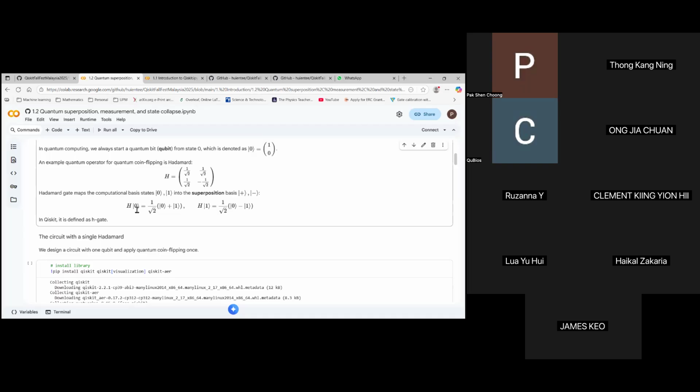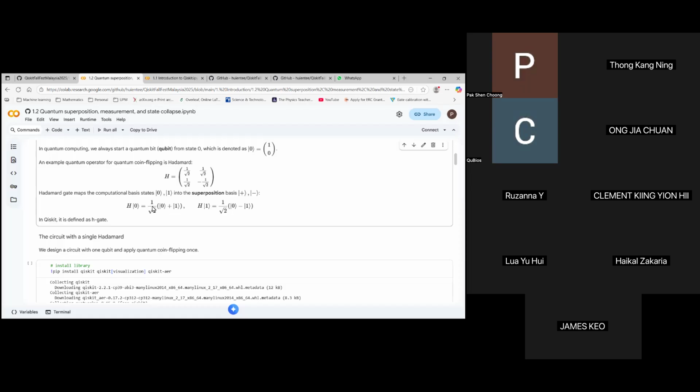H acts on the 0 qubit, and how it acts is just simple matrix multiplication. For a 2 times 2 matrix multiplied by the column vector of the 0 state, you get this. This is the simplified maths equation.